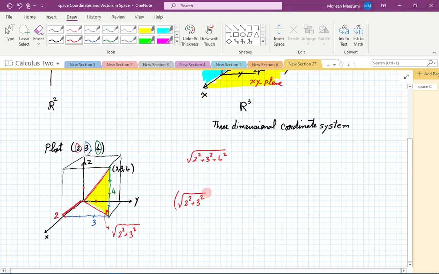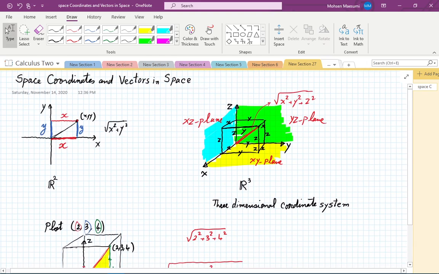We are supposed to square that, and the other leg is 4. We are supposed to square that and then take the square root of the whole thing. Well, of course, when you square root and then square, you just get 2 squared plus 3 squared, and then you add the 4 squared to it, so you get the formula in this case.